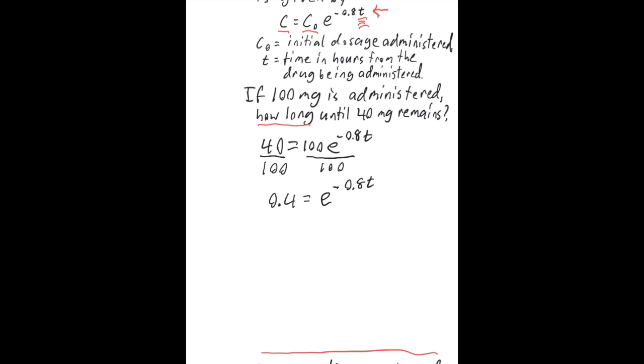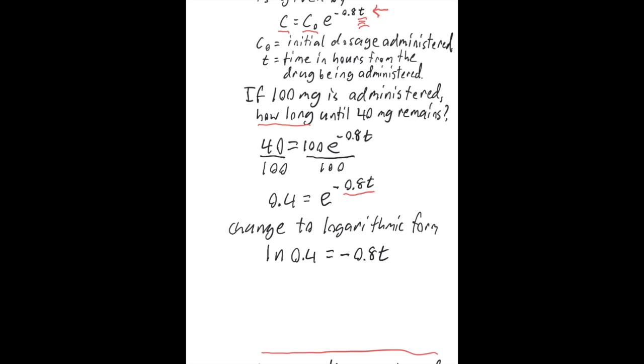All right. Now remember, when you have e to a power, if you change that to logarithmic form, you would use the natural logarithm. Okay? We're going to have ln, natural log of 0.4, is equal to the exponent. Remember, logarithms are always exponents. Our exponent is this, so our log is going to be equal to that.